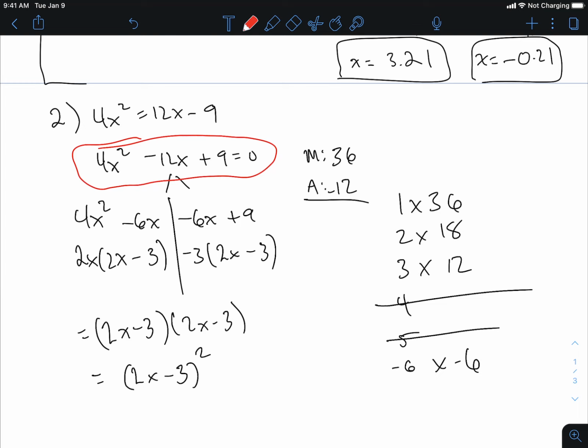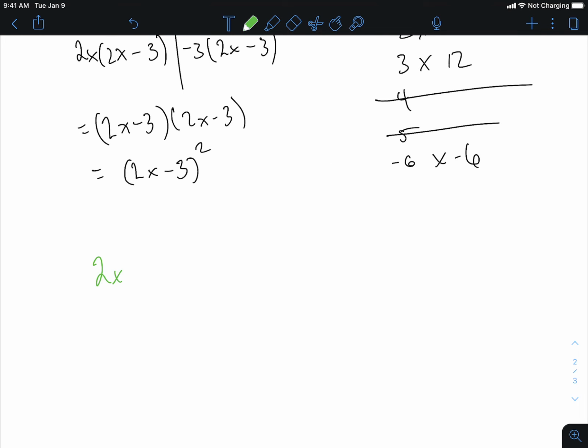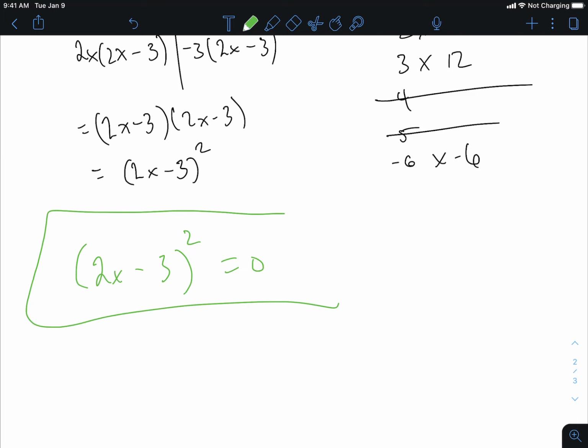I can square root the first, square root the last, take the sign from b. 2x, 9, sign from b was negative, squared. Yeah, sorry, I'm getting too excited. I literally did that in one step.